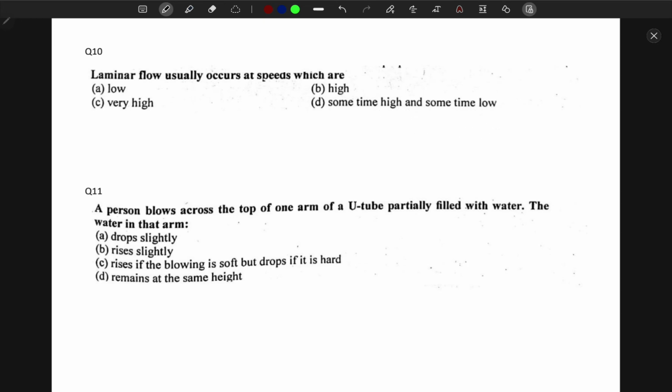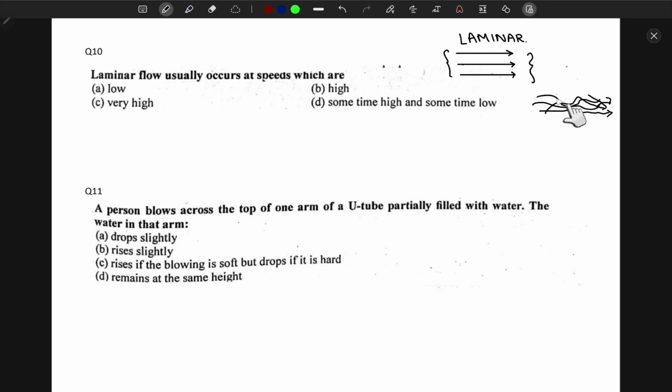Now remember, laminar flow was something where you have all the layers on top of each other like this, and they're moving smoothly. So the layers are arranged in a smooth manner. This was laminar flow. While turbulent, if you remember, was a flow where all the layers are going over each other and they're not smooth.